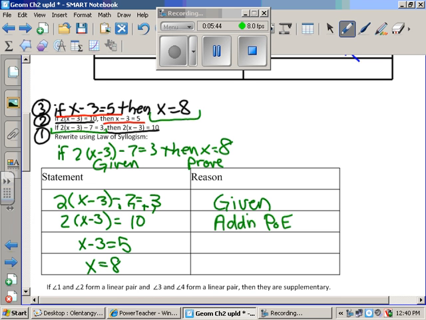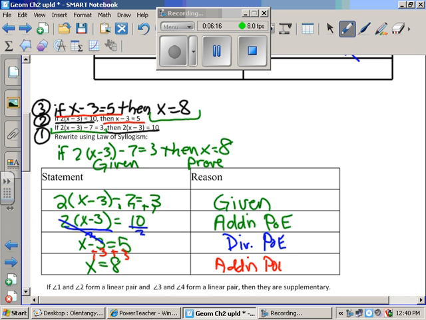Division. Good. We're dividing this side by 2 and this side by 2. When I divide by 2, those cancel and just leaves x minus 3. 10 divided by 2 is 5. So that's the division property. Okay. And finally, how do I get from here to here? Add 3. So that's my addition property.